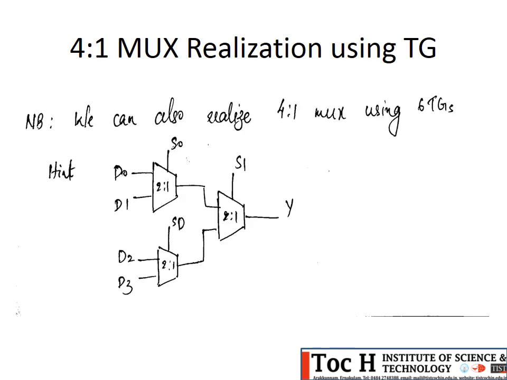What have we all seen? We have seen the pass transistor logic. We have seen the working of the N switch and the working of the P switch, how to build various combinational logics using the N switch and P switch, and we have realized some functions. Then we have seen the complementary pass transistor logic or differential pass transistor logic, which again makes use of the N switch or P switch.